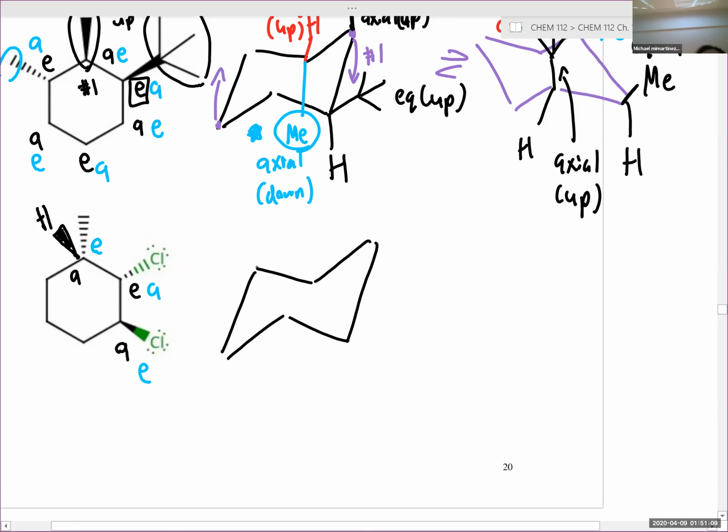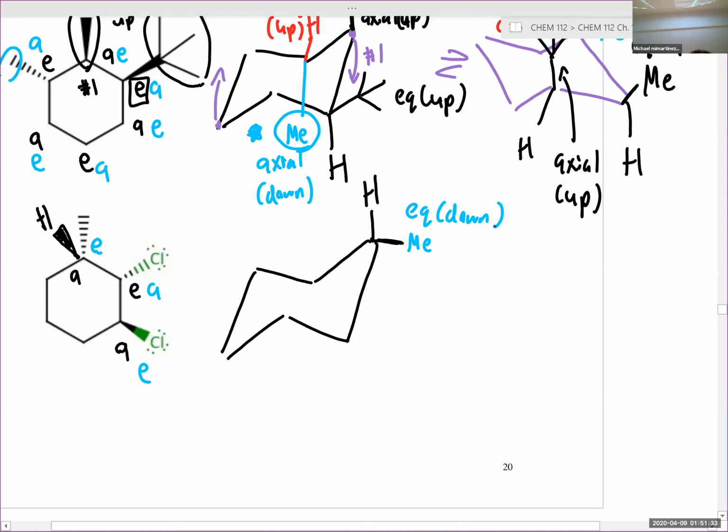So our hydrogen's pointing up and our methyl group is pointing down. Let me use the same notation that we've been using before. Our methyl group is equatorial down.